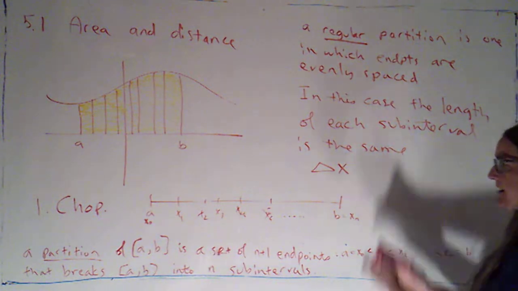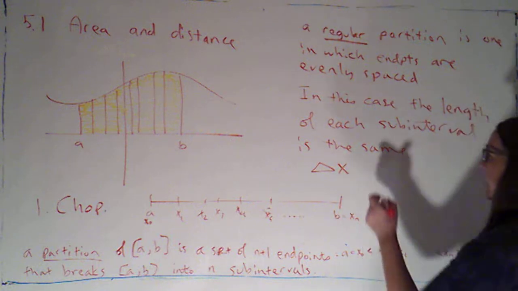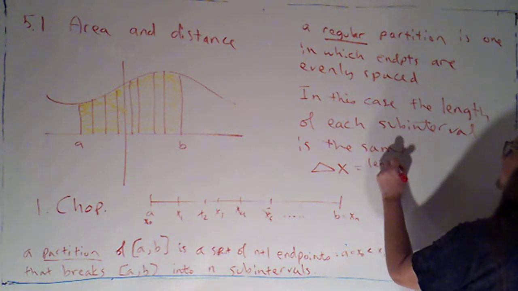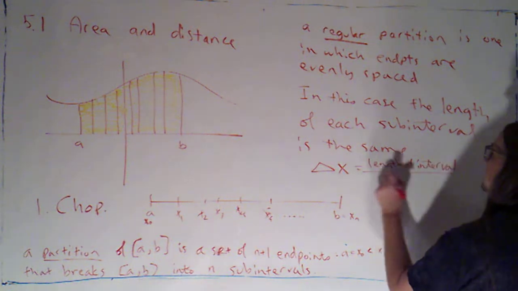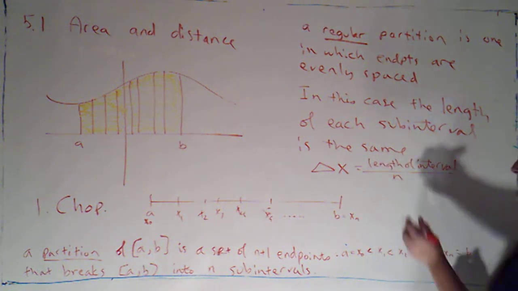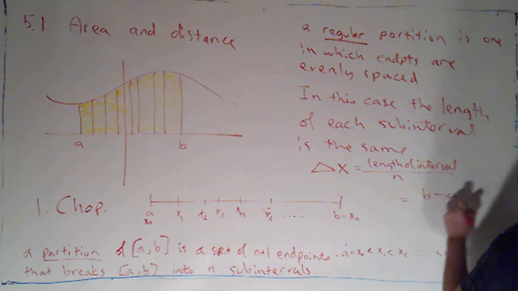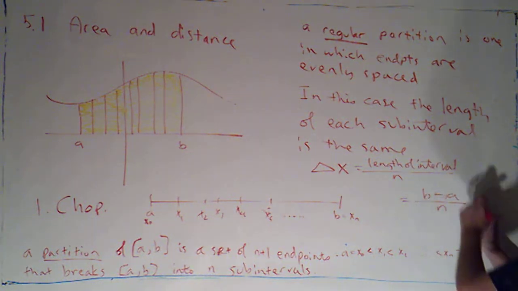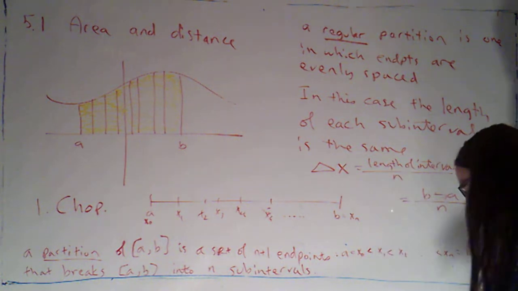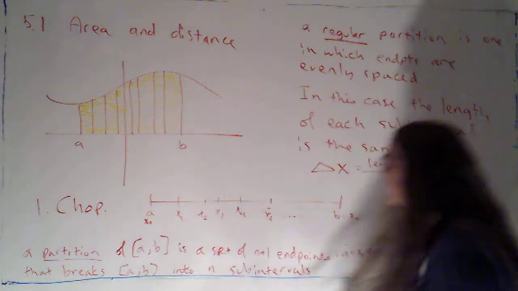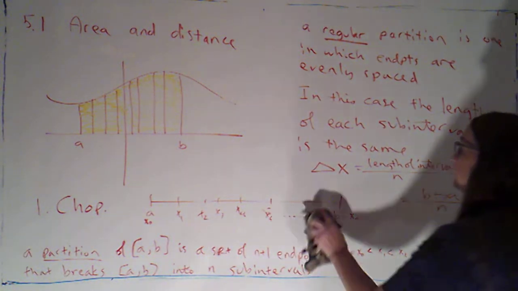And delta x, if I'm chopping this up into n pieces that are of equal length, it's just going to be the length of the interval divided by n. But the length of the interval is just the right endpoint minus the left endpoint. So if I use a regular partition, all of my subintervals will have a length that I can call delta x. Okay.